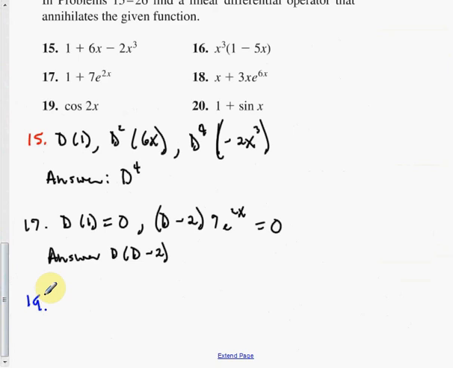One is a constant, e to the 2x is exponential. And even if you wanted to do the product for number 17, you just have too much stuff there. If you did the product, that'd be d times d squared times d to the 4th, so that'll be d to the 7th, the 7th derivative. But it would have worked out at the 4th derivative. You would have gotten 0. We'll just stop at d to the 4th.